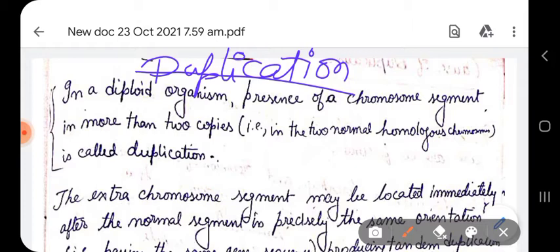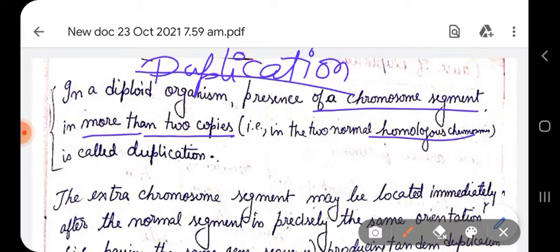Now what it is saying is that in a diploid organism, there is presence of a chromosome segment in more than two copies. That means the two copies are found in homologous chromosomes, one set comes from father, one set comes from mother.